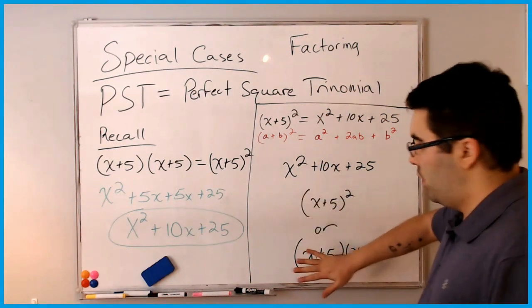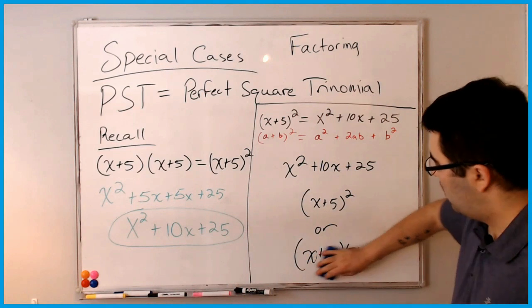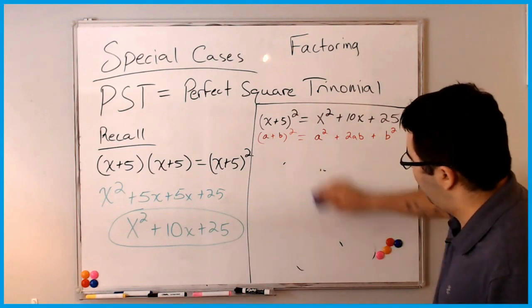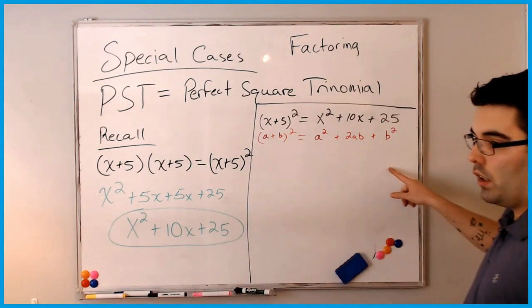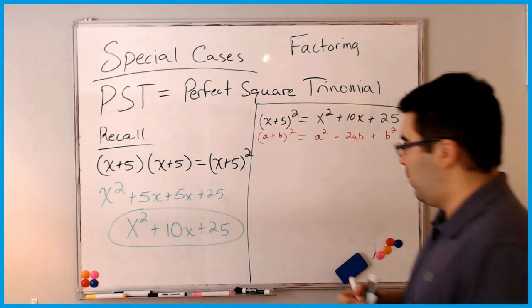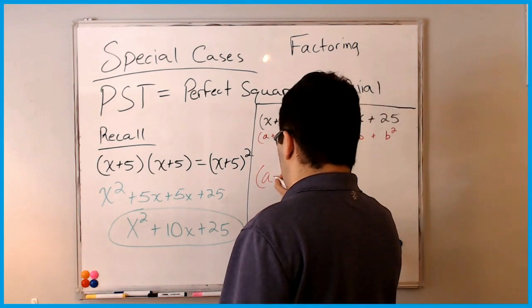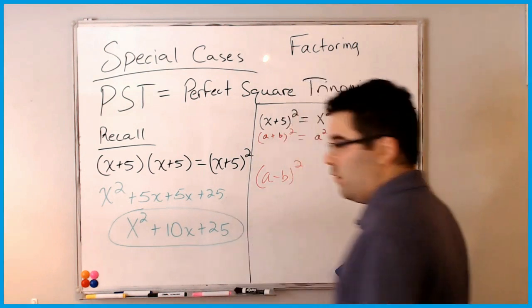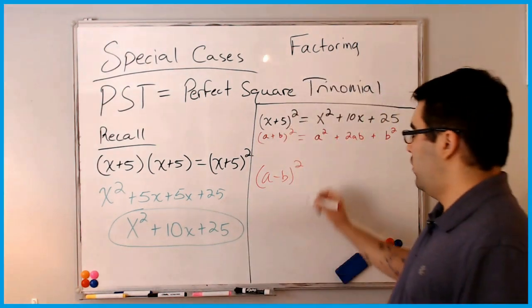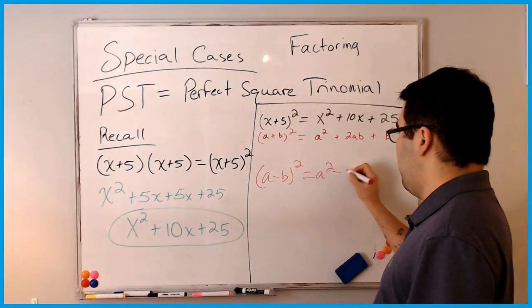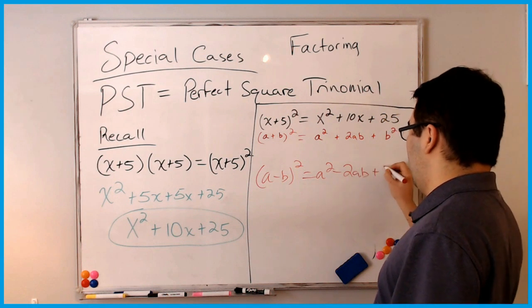I'm going to erase what we just did, but I'm going to keep the red right here, and I just want you to realize that this could also happen if you had a minus b squared. It also follows a pattern. A squared minus 2ab plus b squared.